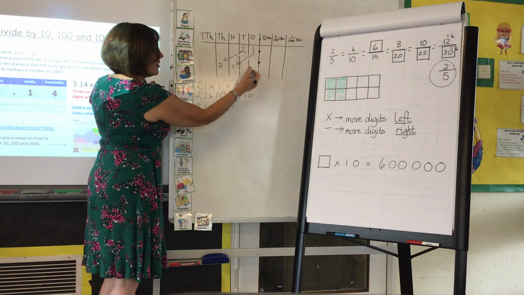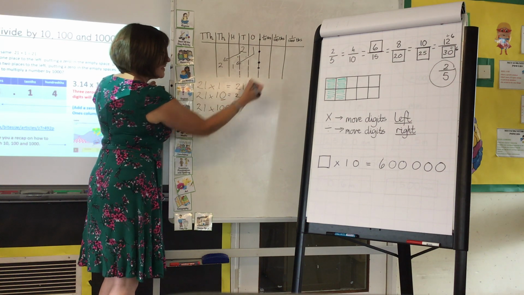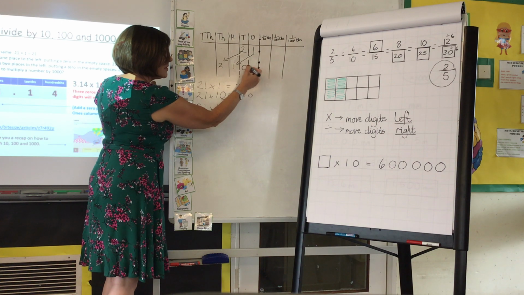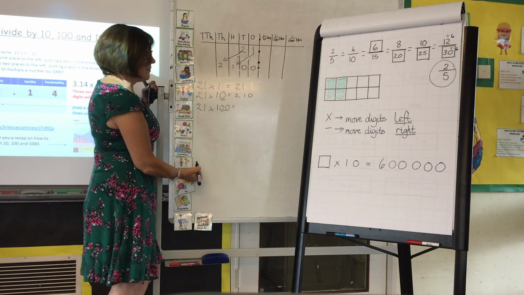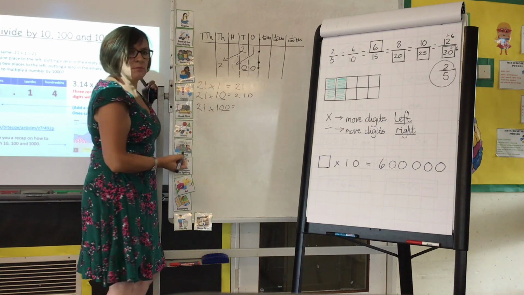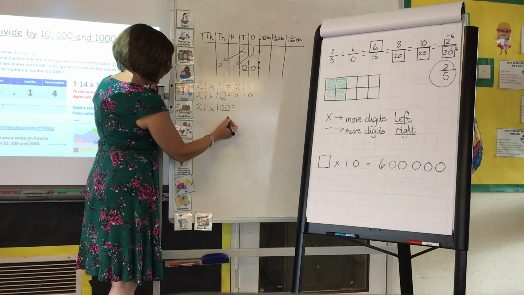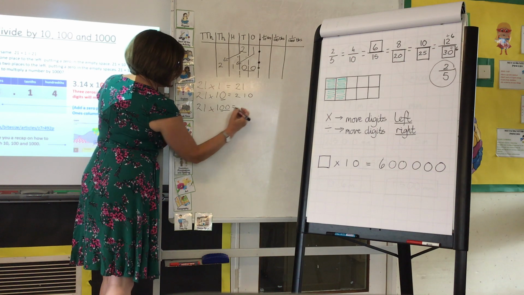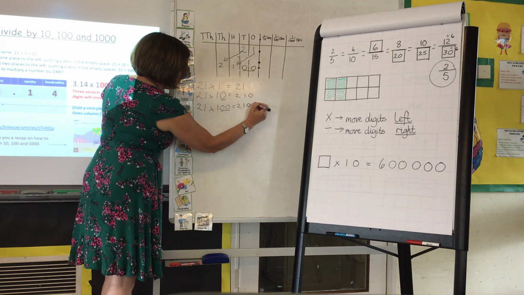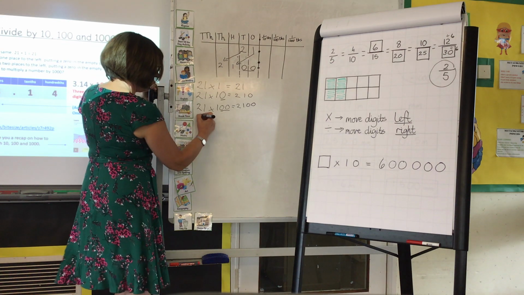And because we've got the zeros, the decimal point always has to stay in the same place. We've got empty spaces, so we need to put in 0 as a placeholder. And we put in 2 zeros because we are multiplying by 100 and there are 2 zeros in 100. So 21 times 100 would be 2,100. And we can keep going like that.